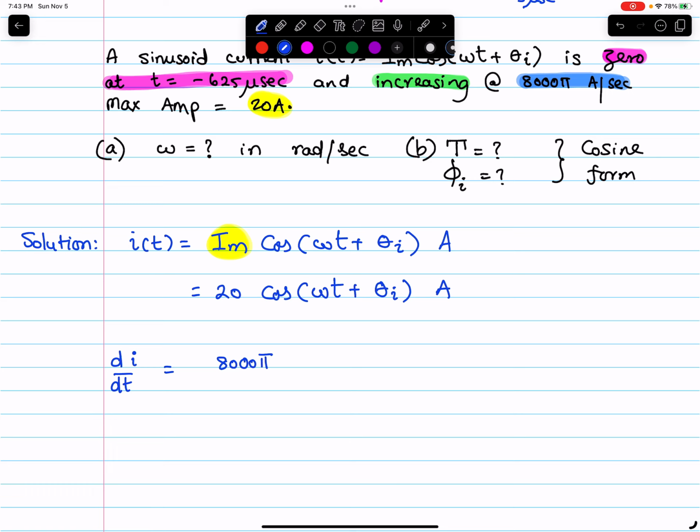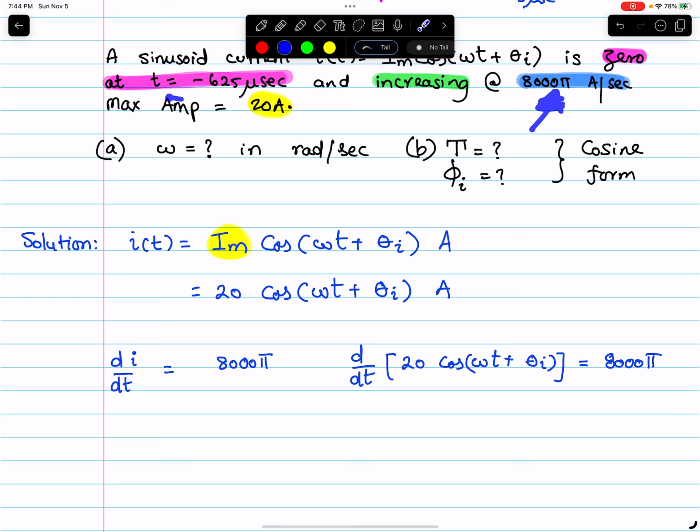So if I take d/dt of 20 cosine(omega t plus theta i), that should all equal 8000 pi, because it is increasing at the rate of 8000 pi amperes per second. That's the piece of information I'm using here. I already used the other piece of information. Now I'm putting this piece of information to use.